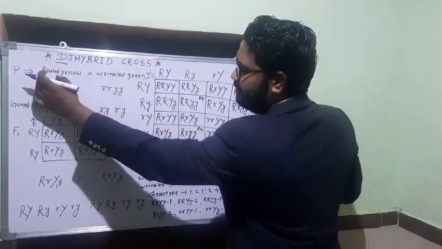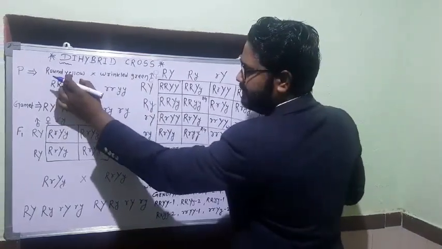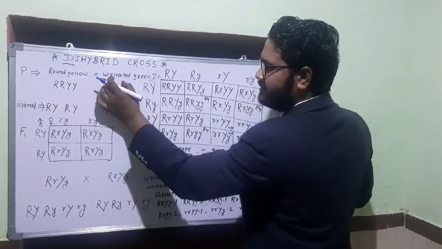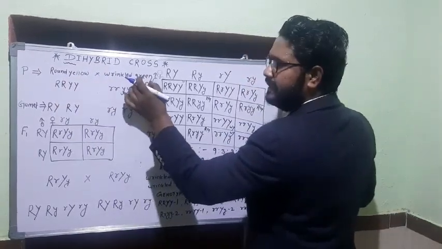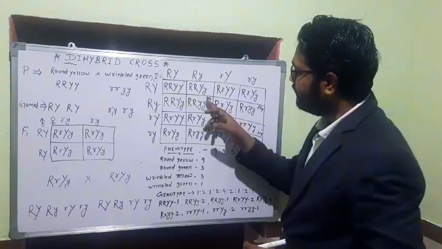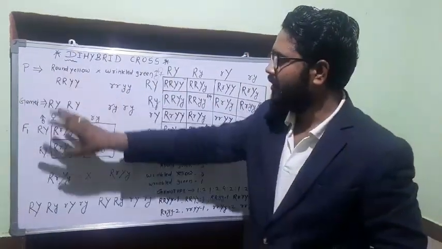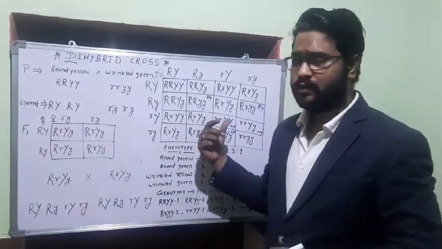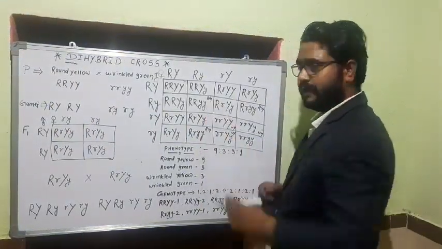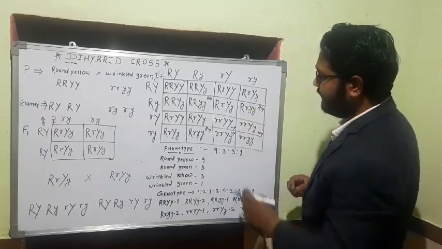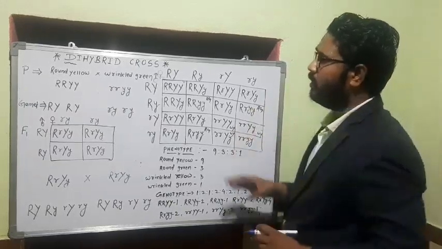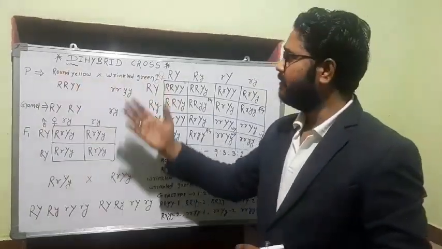Round is the first dominant trait, yellow is the second dominant trait, wrinkled is first recessive trait, and green is second recessive trait. So this round and green is nowhere here in the parental or in F1, but in F2 we are getting round and green. In the same way we are getting wrinkled and yellow. Nowhere here you will find wrinkled and yellow.